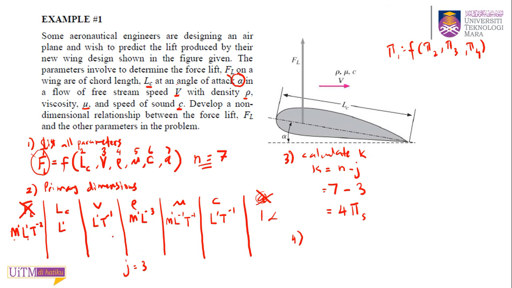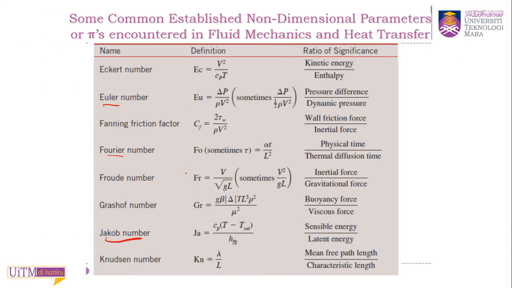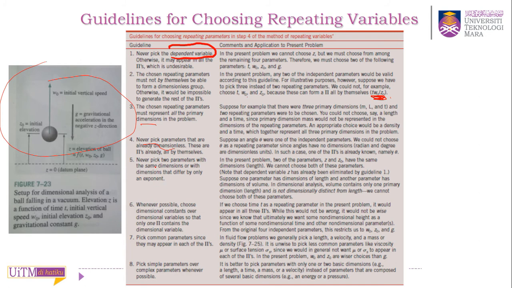Okay, because we know our J is 3. So the number of repeating variables will follow from this number J. So we need to choose 3, from these 5, after we have already cancelled 2. Okay, so refer again to the next guideline. Never pick 2 parameters with the same dimensions or with dimensions that differ by only an exponent.